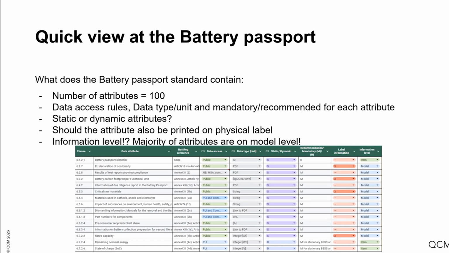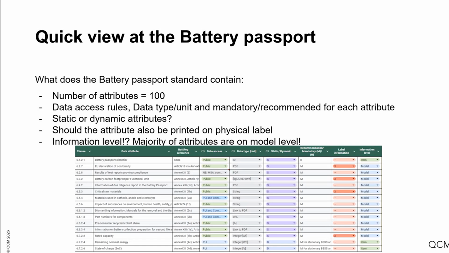How difficult will it be? And looking at the battery passport, it's a lot. There are 100 attributes. Not all attributes are valid for all battery types. And now in this battery passport, we are talking about everything from bicycle batteries and upwards bigger batteries.